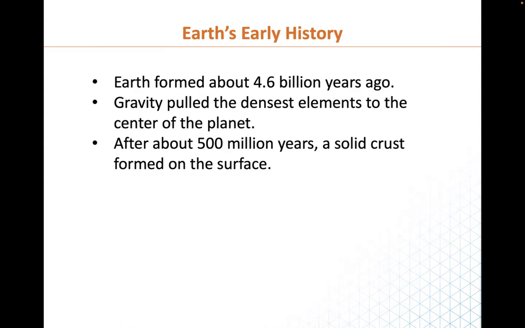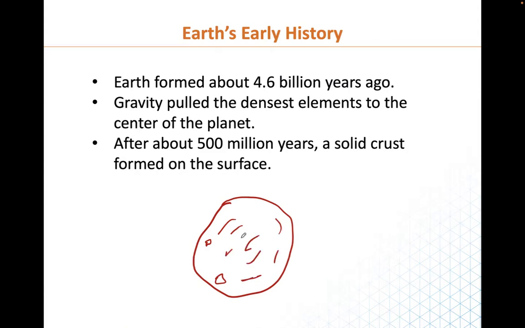So the force of gravity pulled the densest element to the center of the planet. So we have several layers. We have the earth, with layers of rocks, of water, of different particles of different sizes, just floating around.